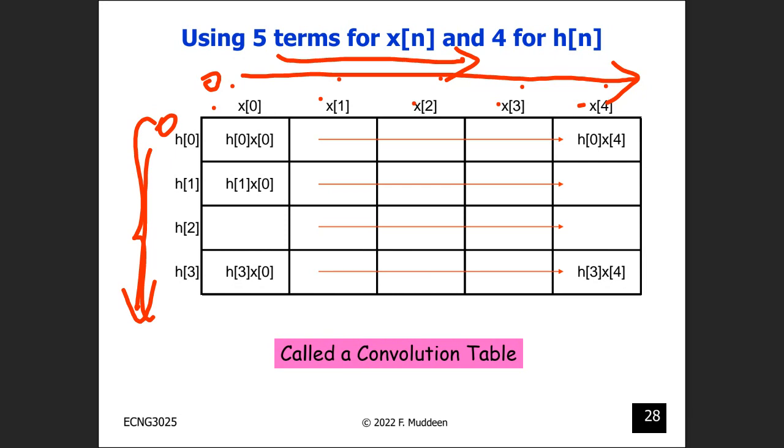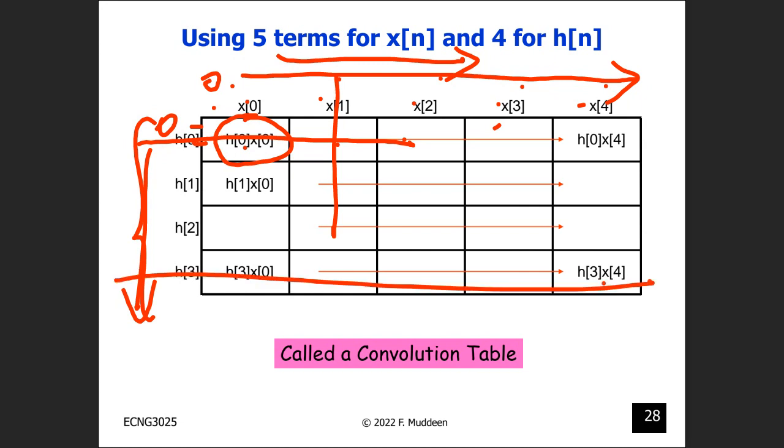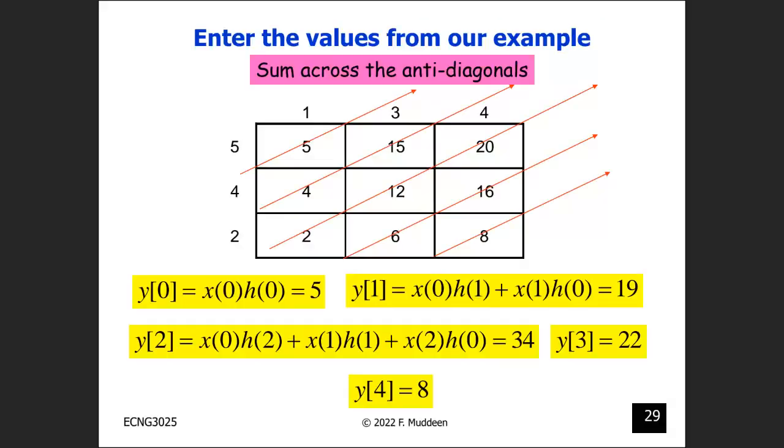We call this a convolution table. What I do now is in each of the cells, I fill in the product of the row and the column. So here will be H0 X0, here will be H0 X1, H0 X2, H0 X3, etc., right down to here, which would be H3 by X4. Then what I do is sum across what we call the anti-diagonals.